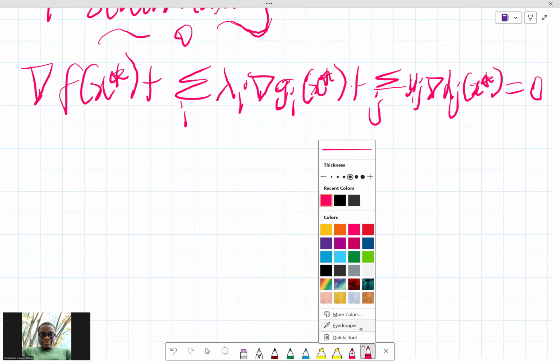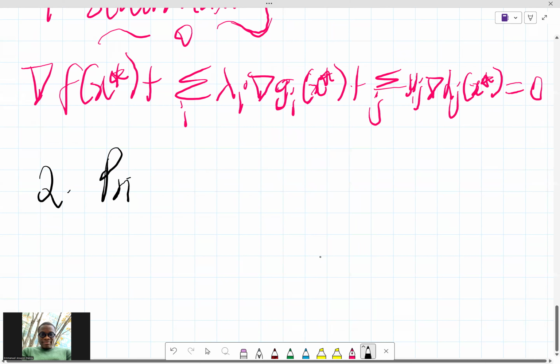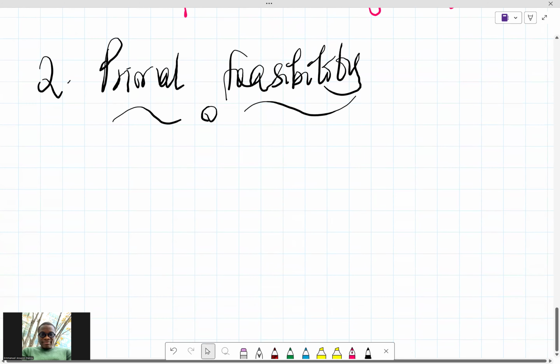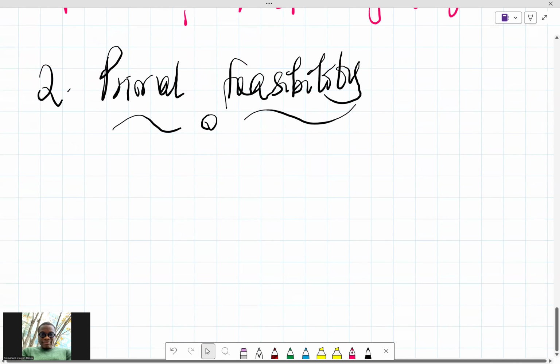And then we go to the next point, which is primal feasibility. When we talked about linear programming, we saw the idea of primal and dual. If you transform a minimization problem into the dual, it becomes a maximization problem and vice versa.